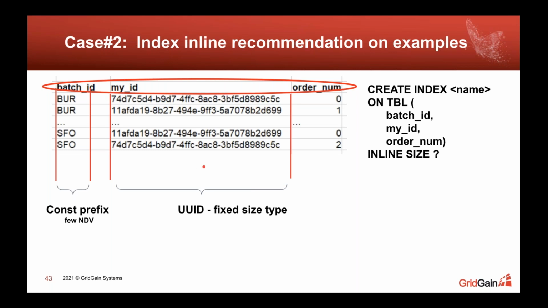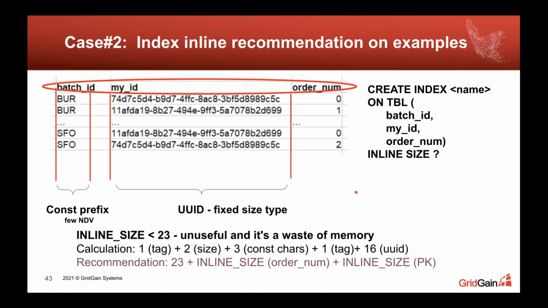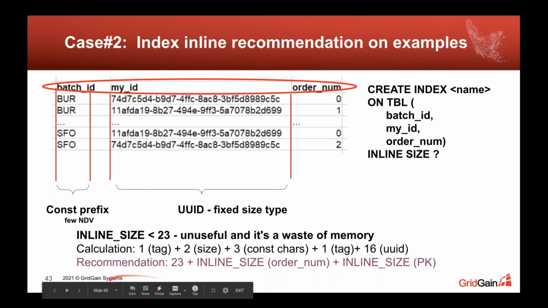It's a fixed size type, and it's very selective. But in this case, it will be a waste of memory in case the inline size is less than 23, because we need to inline these strings, because they're sort of unique. And don't forget to add the inline size of your primary key.